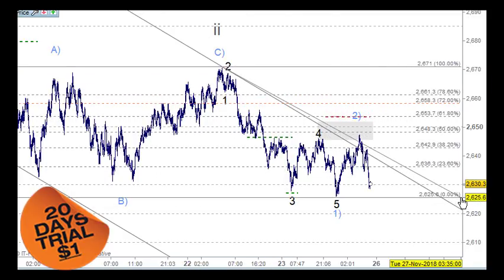If I take that as the low here, and I move this triangle space here, that takes that to 2,654, say. So really we want the stop out of the way up at this space.